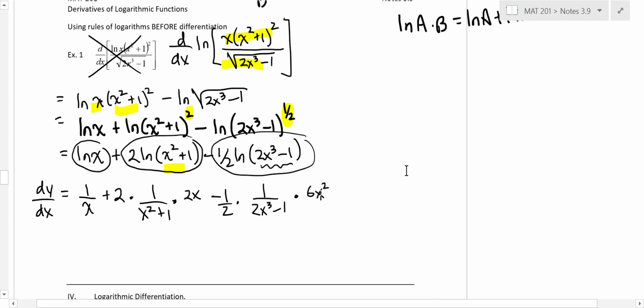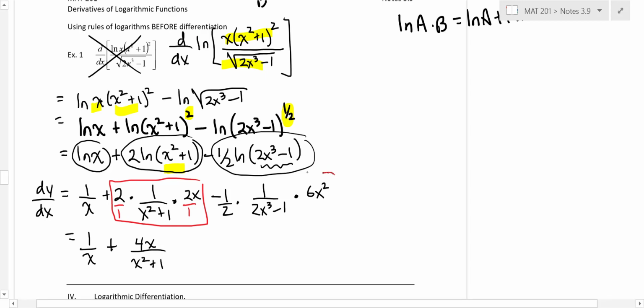Now let's just clean it up. It looks like I'm going to have 1 over x plus, now when you do this whole piece right here, you can just multiply straight across, and you're going to get 4x over x squared plus 1. And then this whole piece right here, there is a cancellation you can do. 6 over 2 is 3.